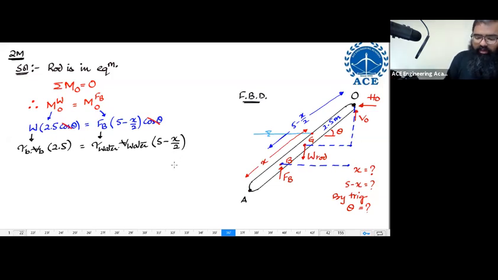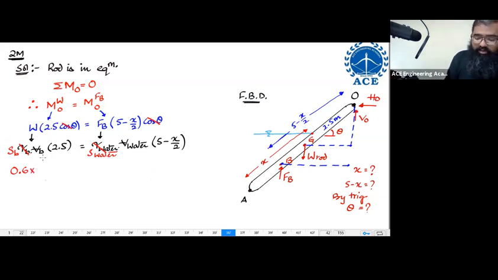Whenever we see gammas, we can cancel gamma and just write S over here. S of water, and S of body is equal to 0.6, given in the question.